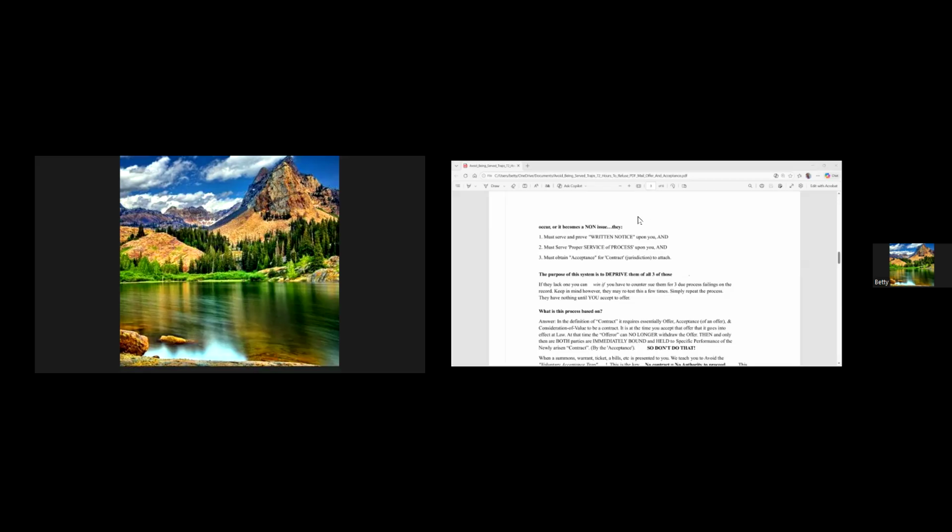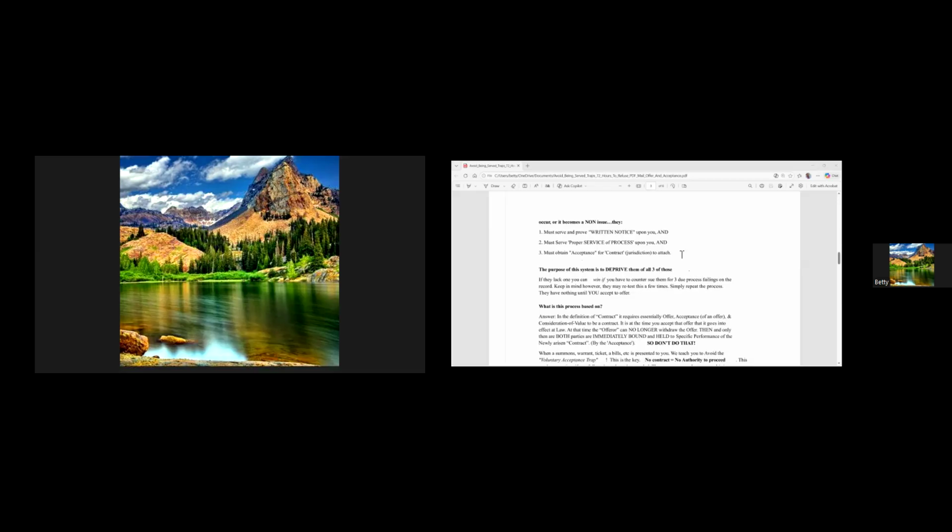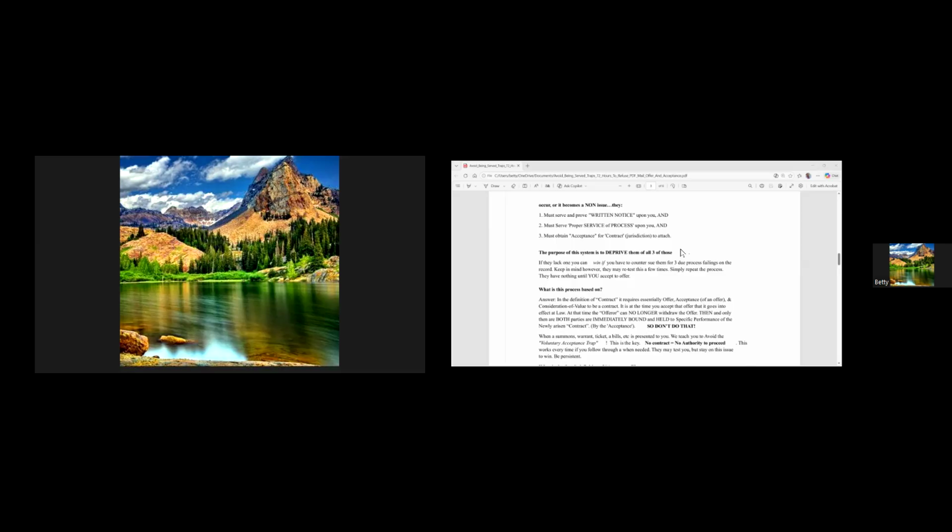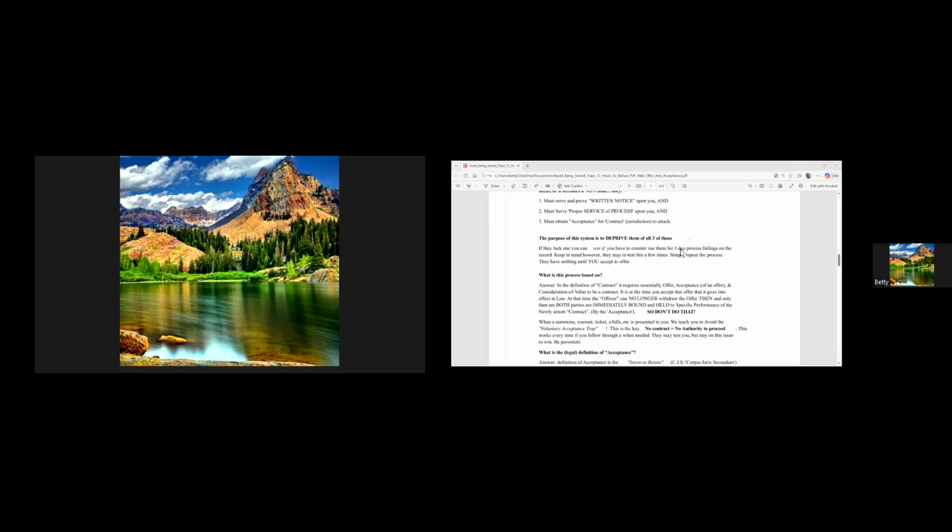So by doing this, these three occur. The process of the system is to deprive them of these three, okay? If they lack one, you can win.